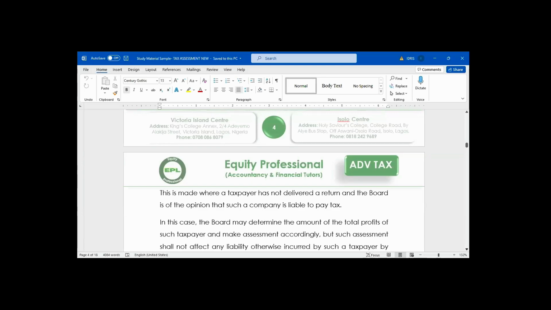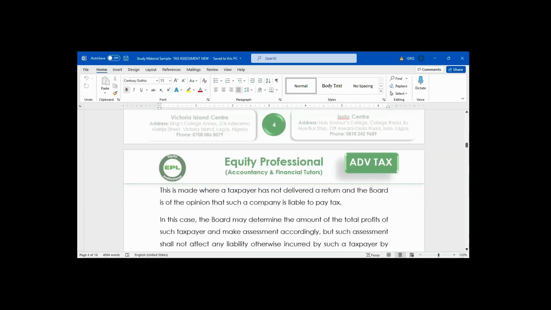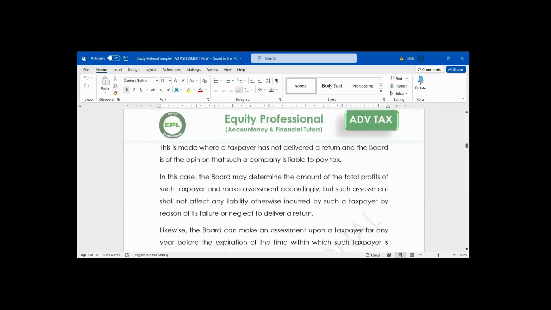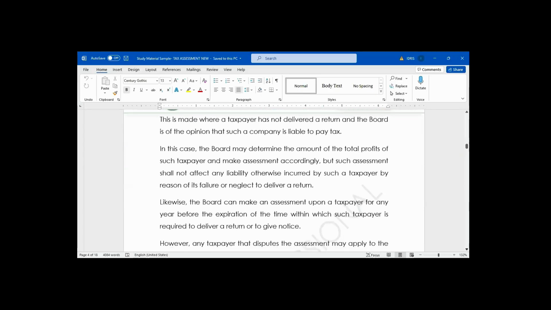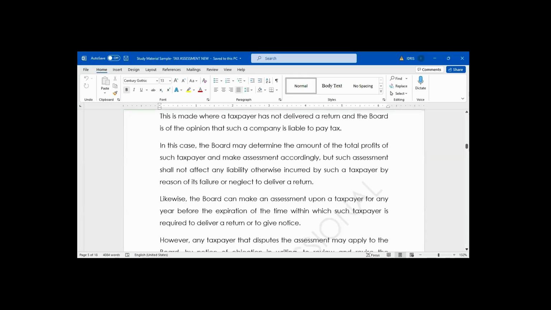So the tax authority will determine the total profit and the tax payable based on the amount of tax that they have paid in the preceding year.